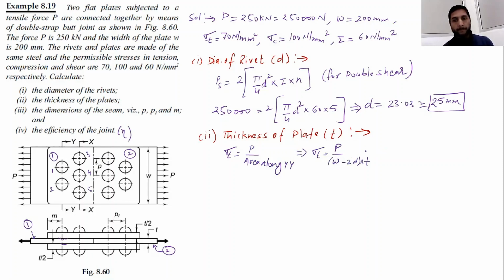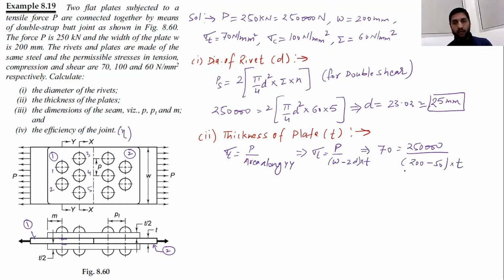From here sigma t is 70 Newton per mm square, which will be equal to 250 kilonewton divided by width. Width is given to us in this question, that is 200 mm. So 200 minus 2 into d, that is 2 into 25, 50, into thickness.